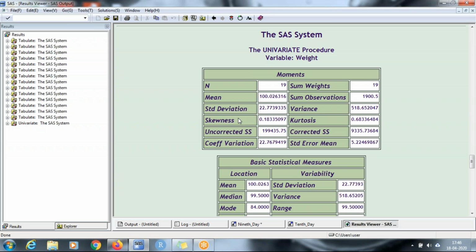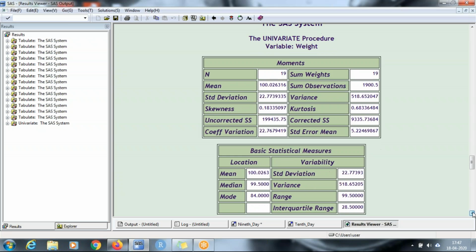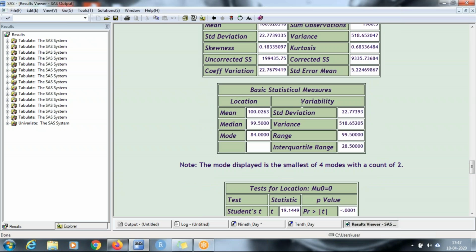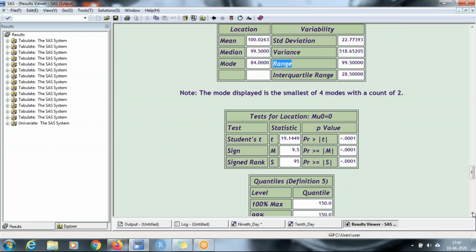Mean, standard deviation, skewness, uncorrected sum of squares, coefficient of variation, sum of weights, sum of observations, variance, kurtosis, corrected sum of squares, standard error of the mean. Now these are statistical measures like mean, median, mode, standard deviation, variance, range and IQR.